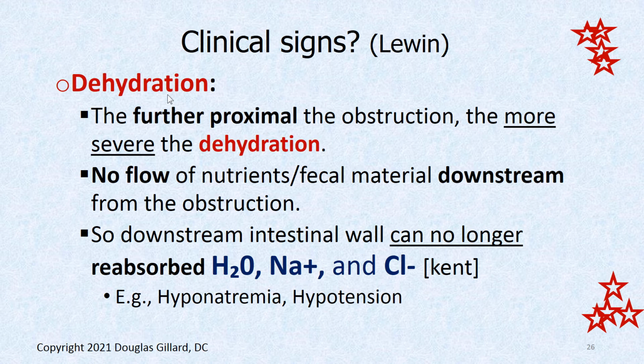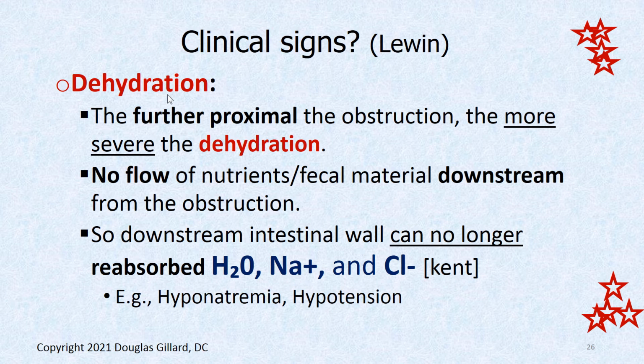Well, how does that work? Well, if the blockage occurs way up in the duodenum or even in the jejunum, anything downstream, there's no water, there's no fecal material, there's no nutrients, there's nothing going downstream. And we know that the intestines are super important for reabsorbing water, and salt for that matter.